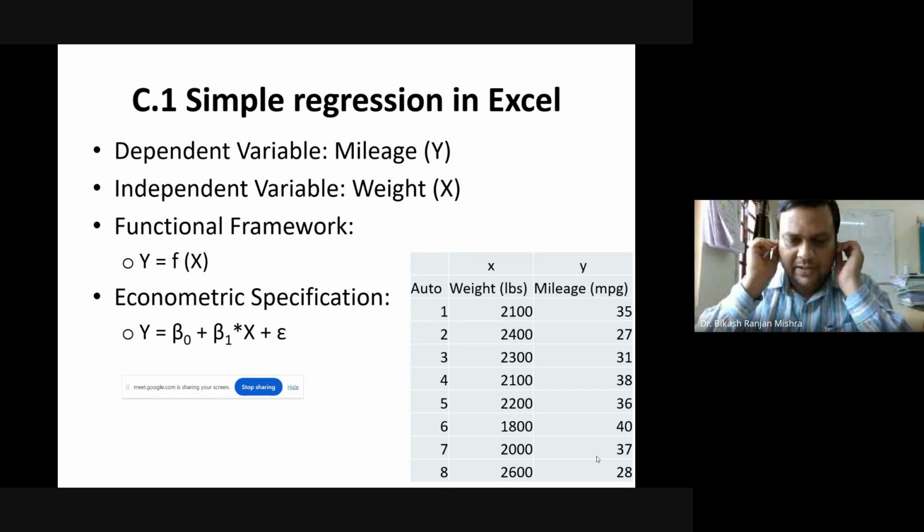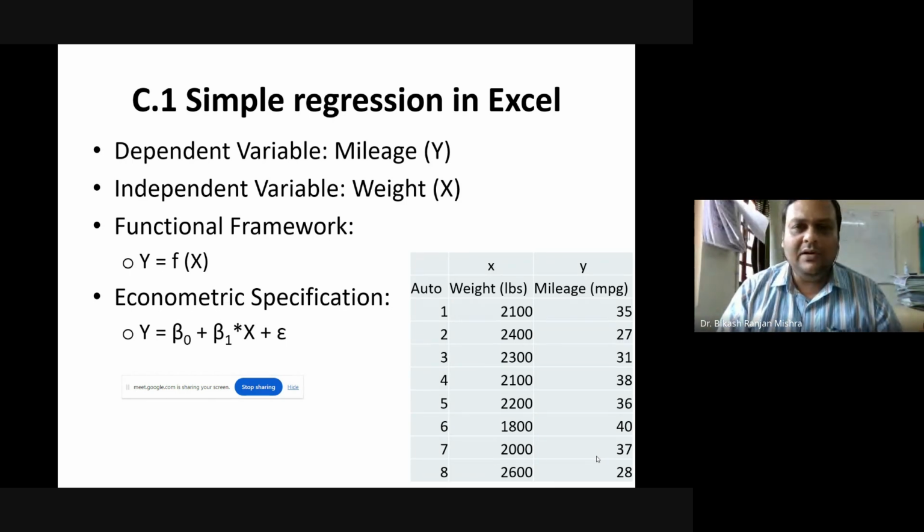To give you a little background on Excel for executing simple or multiple regression: just like in geography the understanding of maps is very important, and in normal economic theory diagrams are an inseparable part, similarly, for understanding any regression or econometric exercise, hands-on experience with any software is a value addition.